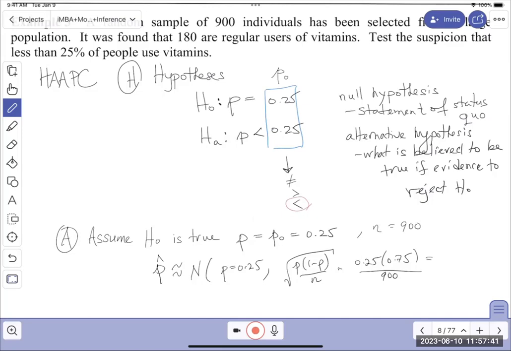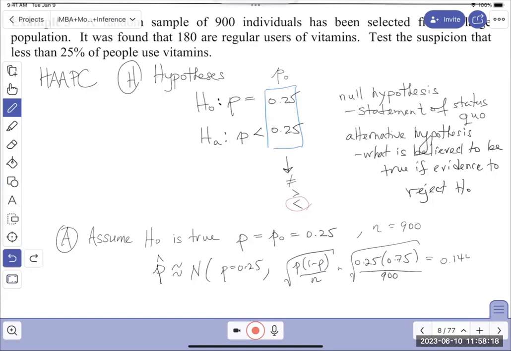So when you compute, what is the standard deviation of P hat? To 4 decimal places, it's 0.144.